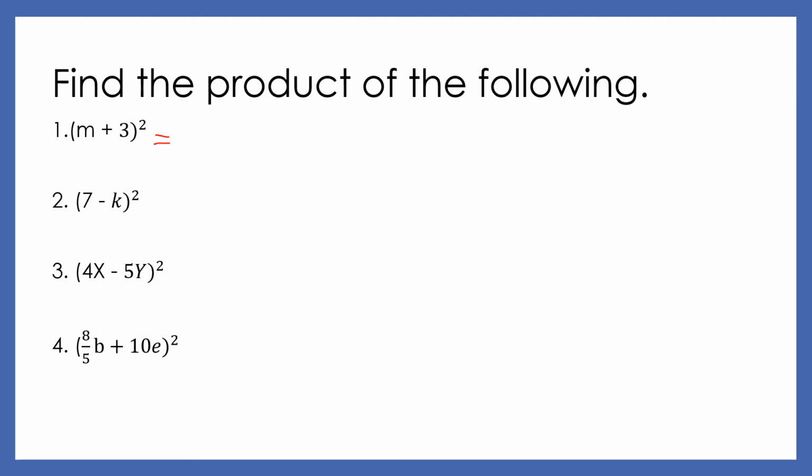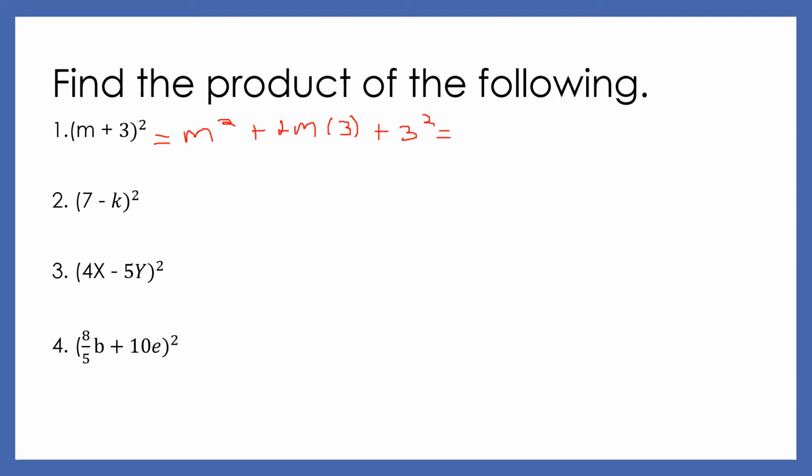Square the first term, so we have m squared plus 2 times m times 3, then square the last term.